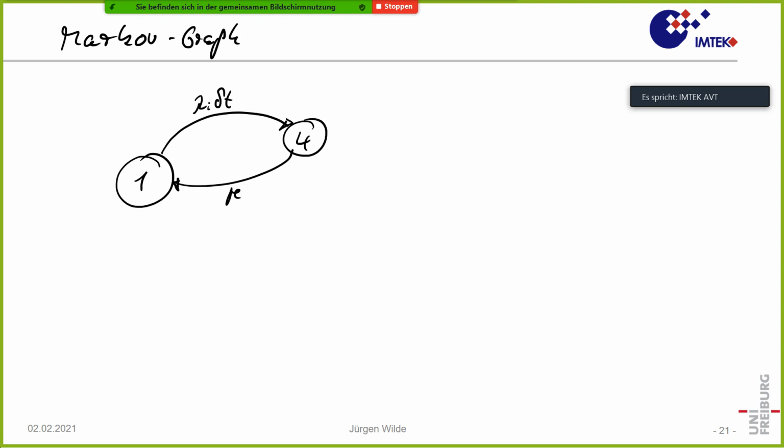So we have mu dt. On the other hand, we have the possibility to go to state 2. And in state 2, the system is not yet failed. What is the transition probability to go to state 2? Can you tell me?